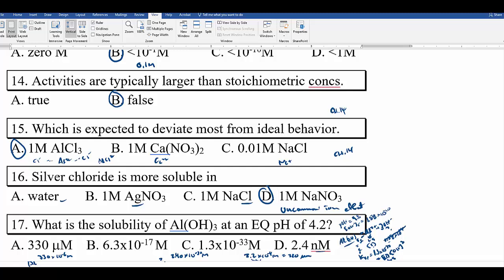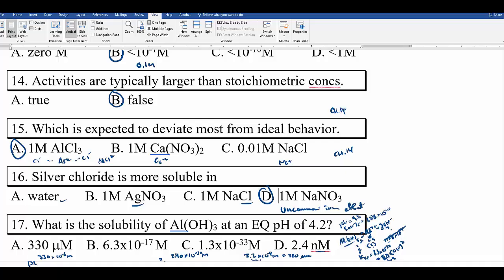So 10 to the negative 33. Okay, one more time. We should have 10 to the minus 9.8 cubed.